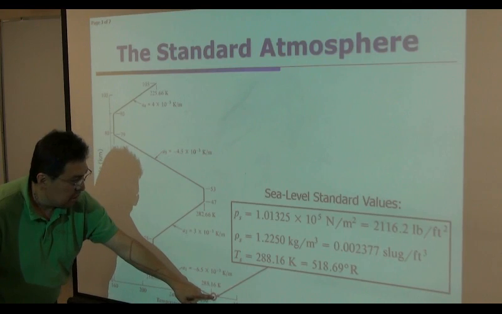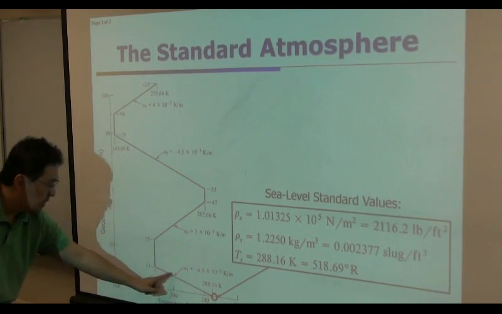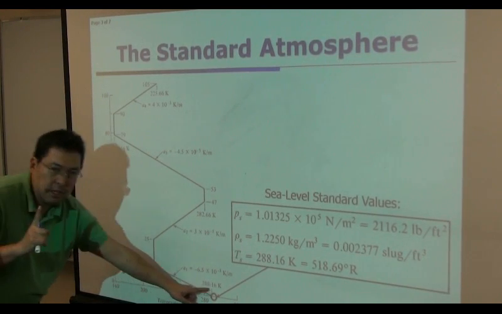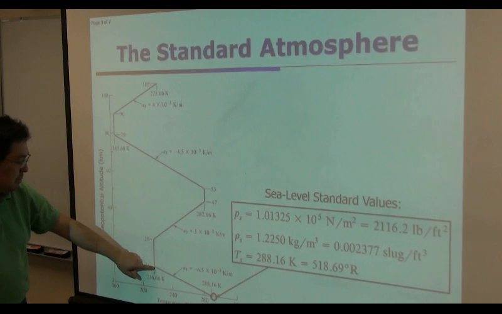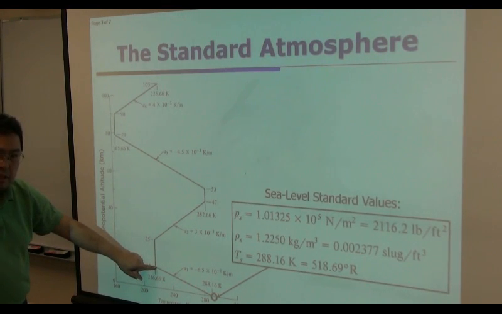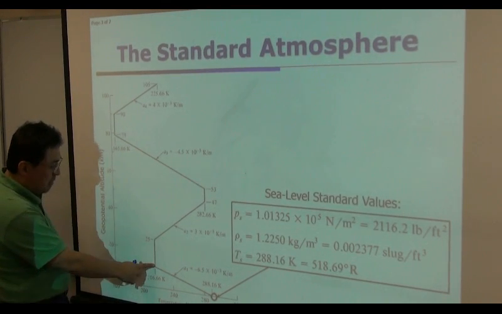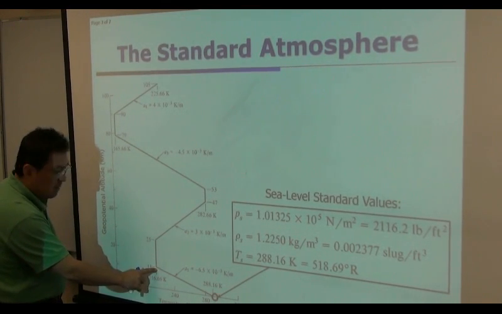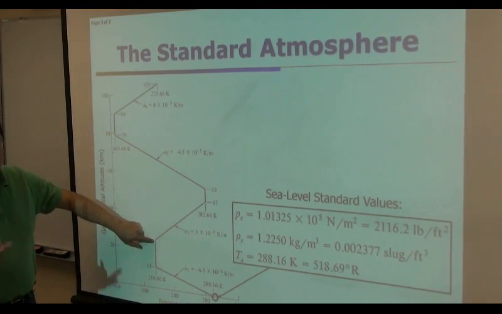You're going to start from here, then you are going to pick up the first equation, the gradient region equation. Determine temperature, density, pressure right here. That's the first step. Second step, you are going to pick up the isothermal equation using the values you just found. Determine the pressure, density, temperature here. That's the second step.